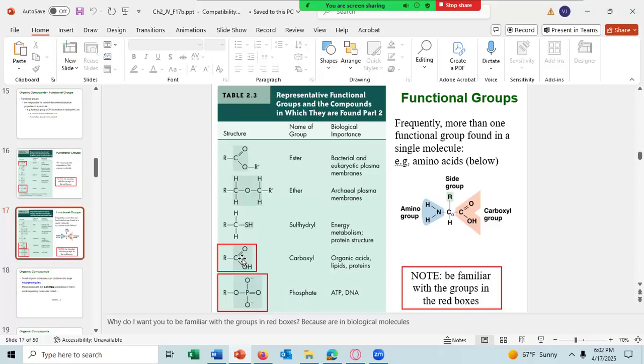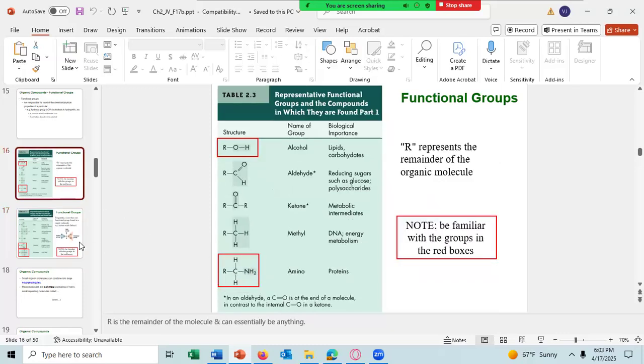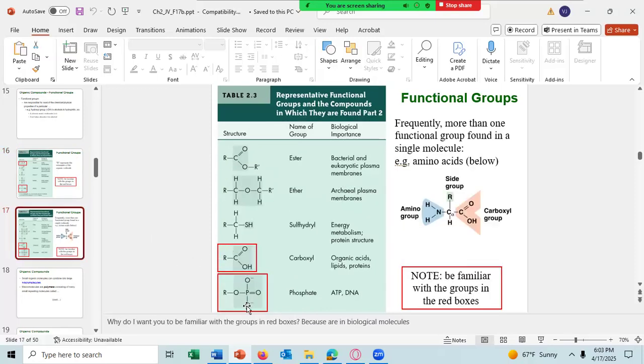And why do you think I want you to know the groups shown in red boxes? What's common about that group and maybe that group too? Anyone see anything familiar with these groups? How about this group here or that group there?